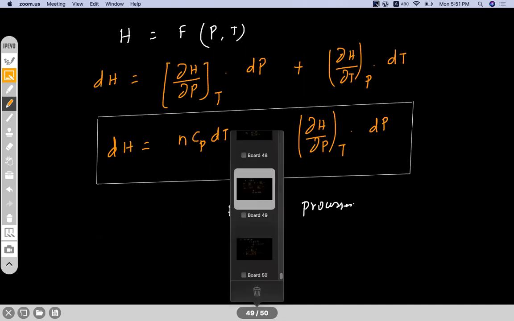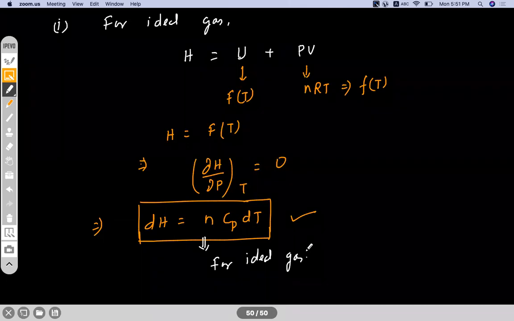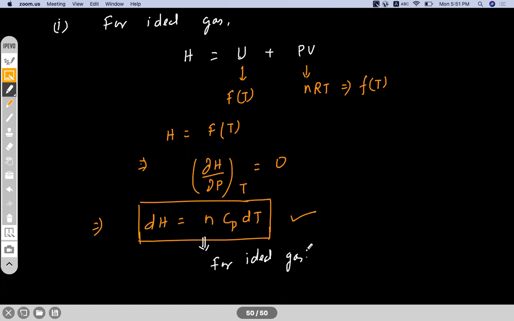So when we write this dH is equals to nCp dT, it is valid for ideal gas only. For ideal gas, all processes. It's not like only constant pressure, all processes, because we did not apply any condition of constant pressure over here. Okay, whether pressure is constant or not, we can apply this.